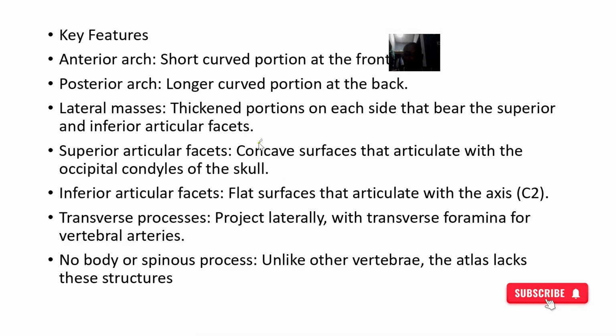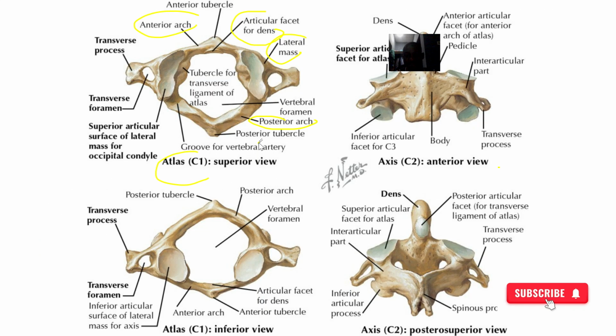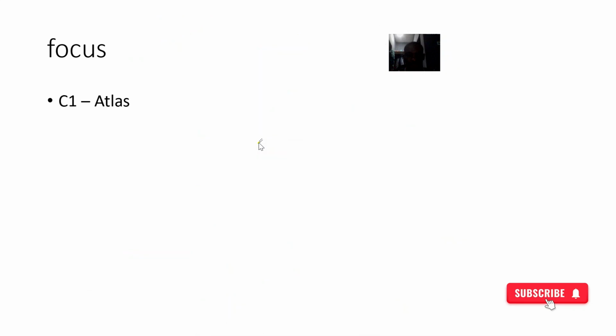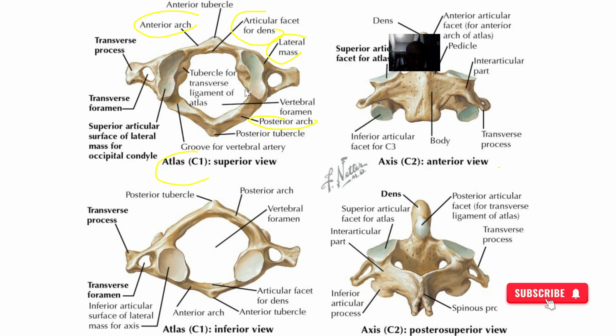Then we have the transverse process and sometimes the spinous process. This is the transverse process, and the spinous process is not written here, but just know that it exists, and you could check your atlas to look at it.